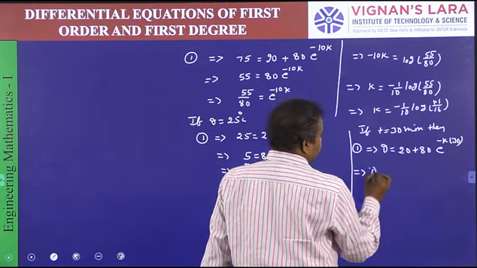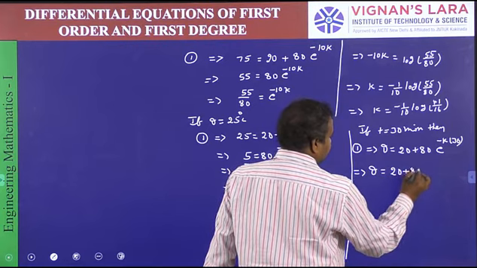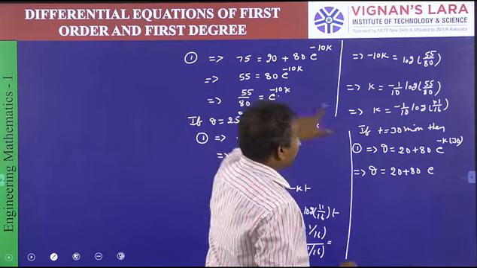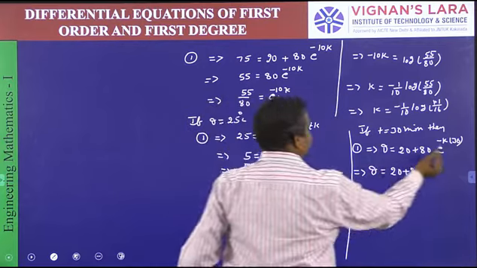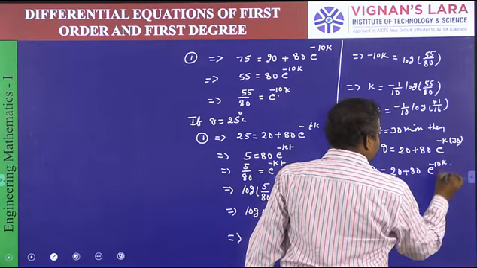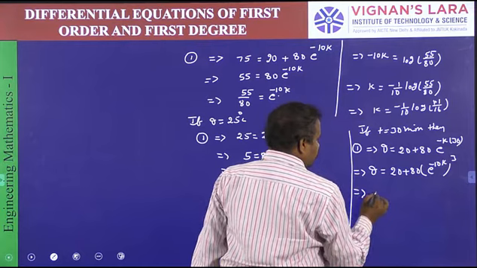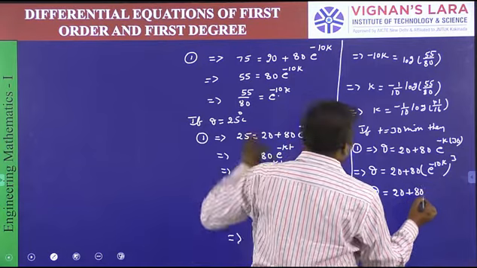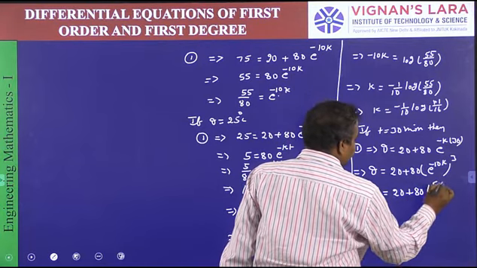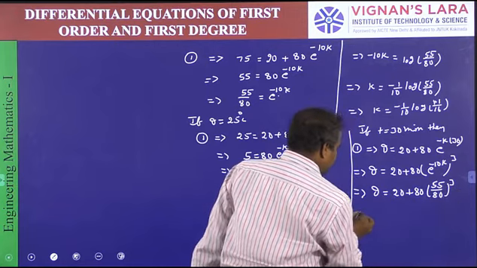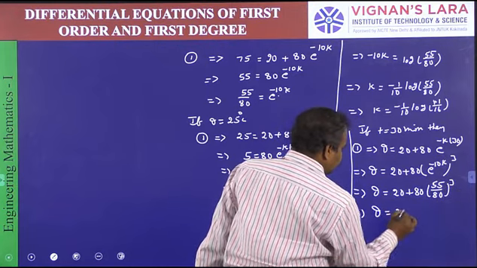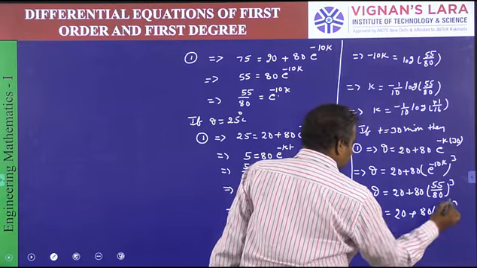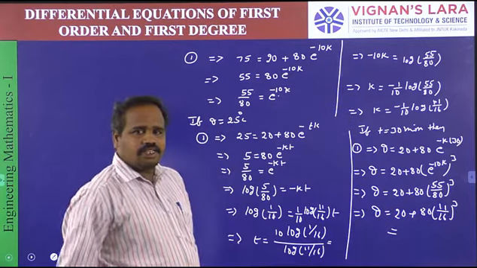That implies theta is equal to 20 plus e power minus 30k, which can be written as, because here we know the value of 10k, 10 into 3. So in that way directly write this one fully. That implies theta is equal to 20 plus 80 into e power minus 10k value 55 by 80 whole cube. That implies theta is equal to 20 plus 80 into 11 by 16 whole cube. Use your calculator and find the value of theta.